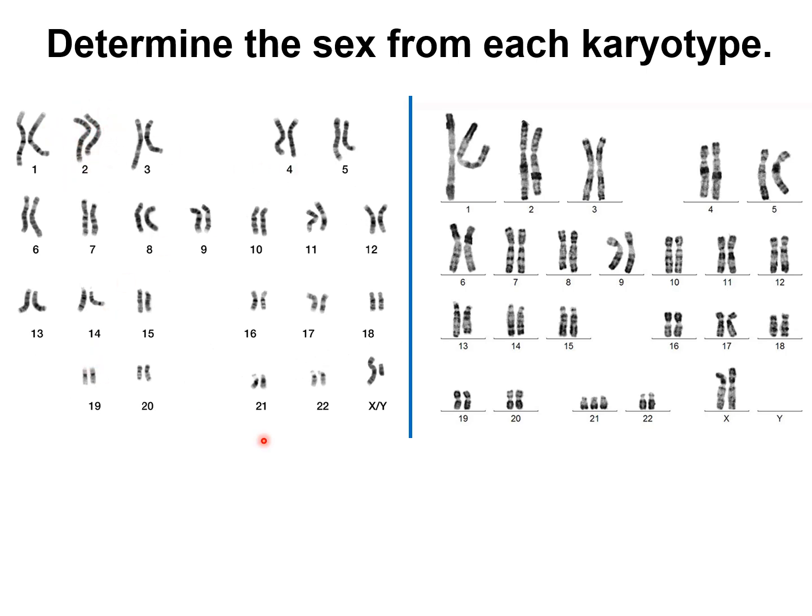And then here would be our sex chromosome, our 23rd pair. And this would make this individual a male because you've got an X and a Y chromosome. And then if we look at our karyotype over here on the right, and we look at our sex chromosomes, we have 2 X chromosomes. So this would be from a female.